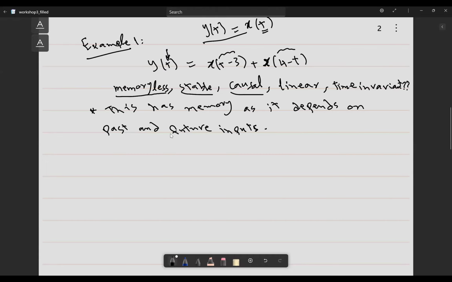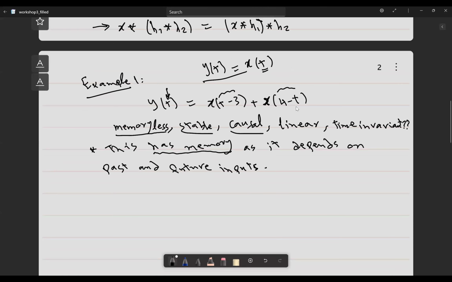Does time reversal count or no? Yeah, I have already taken this into account. Let's say if t is less than 4, let's say t equals 1. When t equals 1, we have y(1) equals x(minus 2) plus x(3), right?